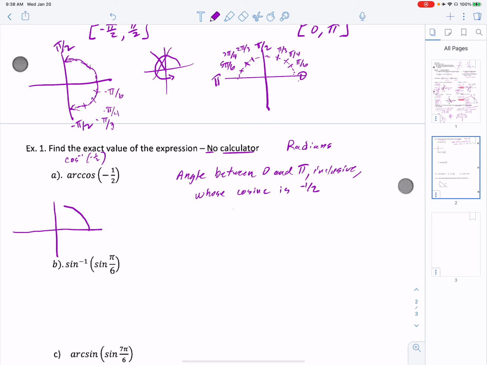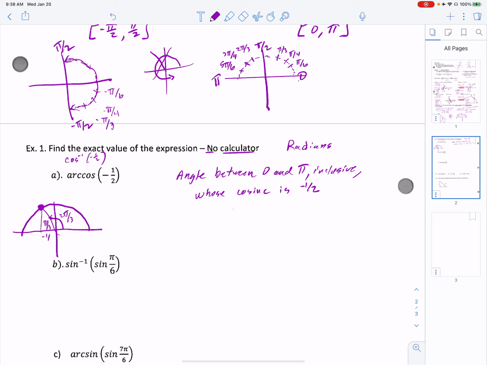And so you want to be thinking, if I'm on that unit circle, what angle between 0 and pi will have an x-coordinate of negative 1/2? That's going to have to be quadrant 2. And it is that reference angle of pi thirds. And so this rotation is 2 pi thirds.